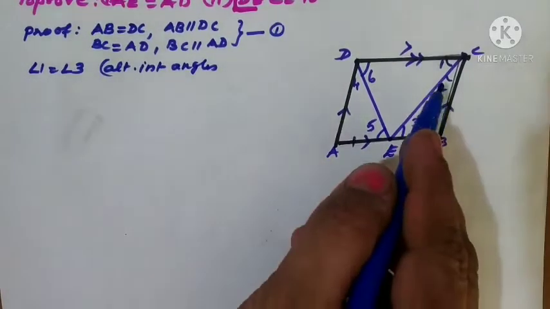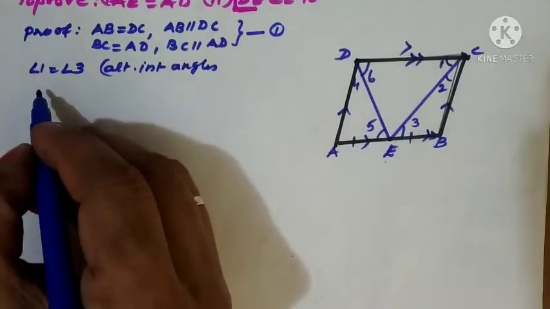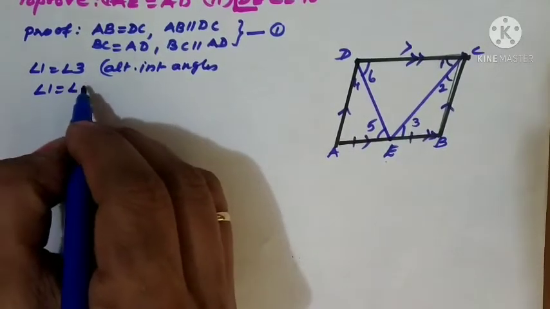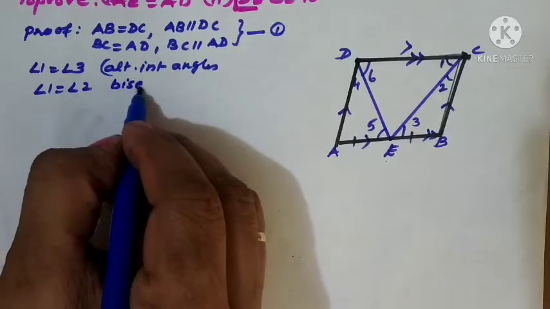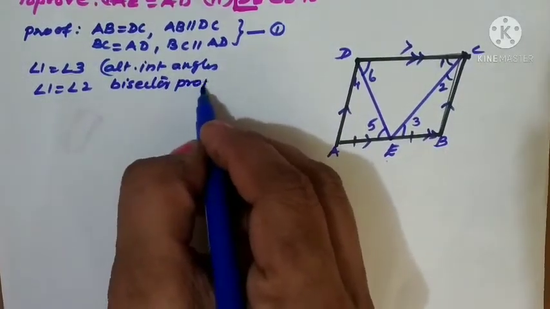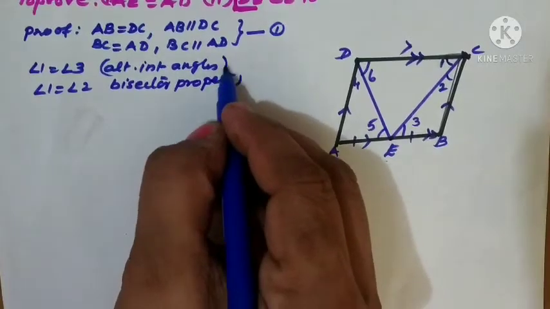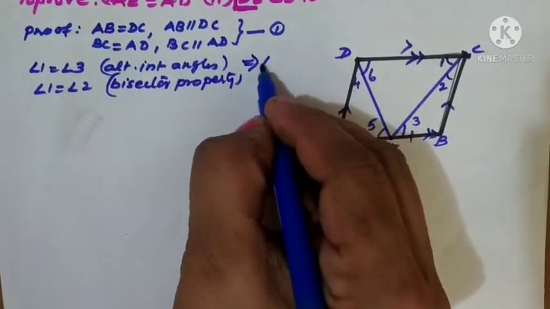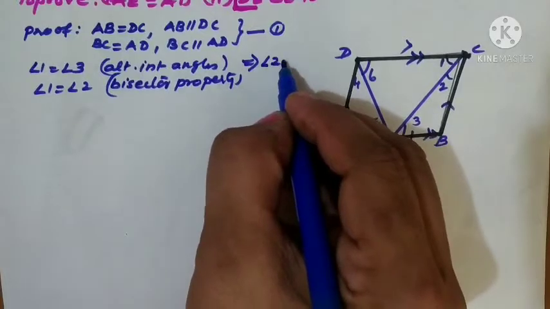And angle 1 equals angle 2 is given in the figure because of the bisector property. It is given that CE is the bisector, right?